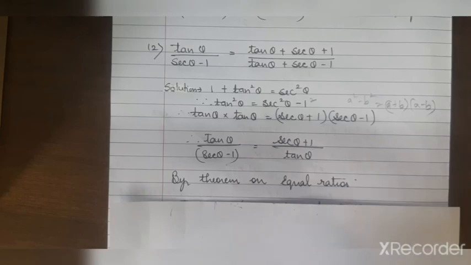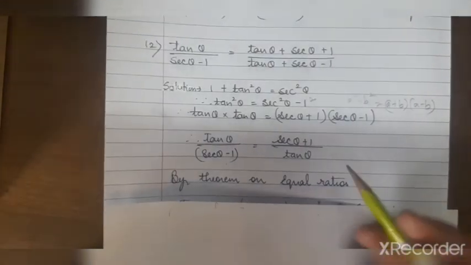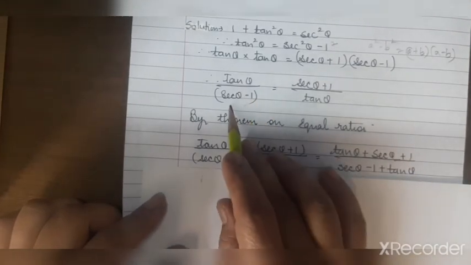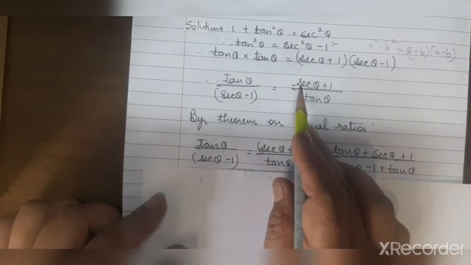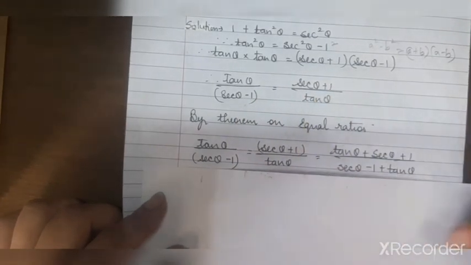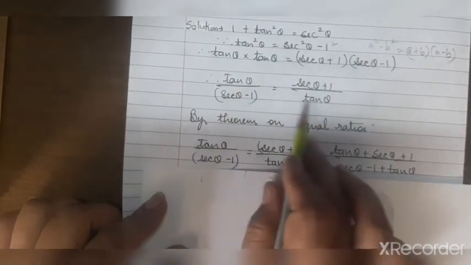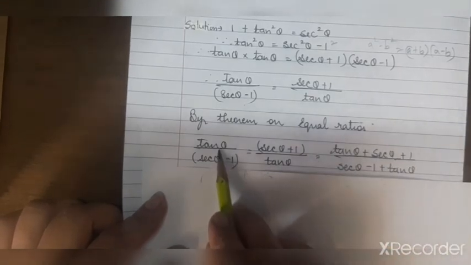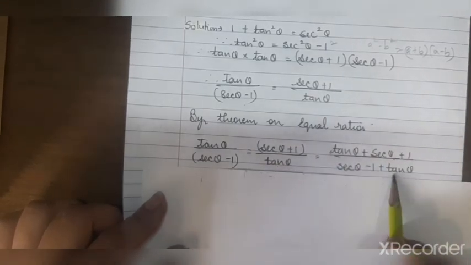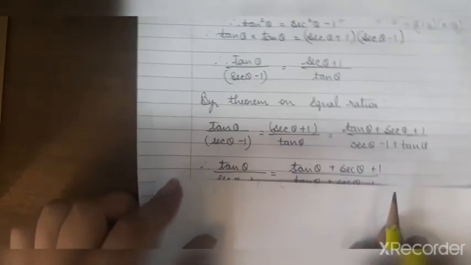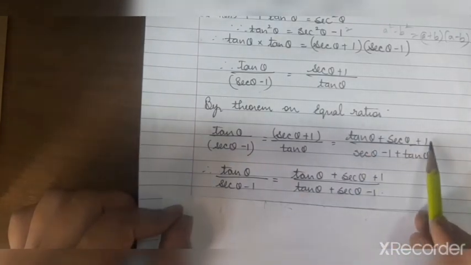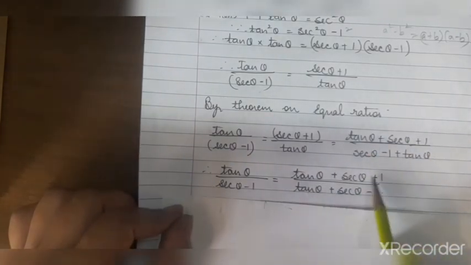That is, we are going to use the theorem on equal ratios. So tan theta upon sec theta minus 1, which is equal to sec theta plus 1 upon tan theta, which is equal to, we will add this. So this plus this and this plus this here. And therefore we get tan theta plus sec theta plus 1 upon sec theta minus 1 plus tan theta.